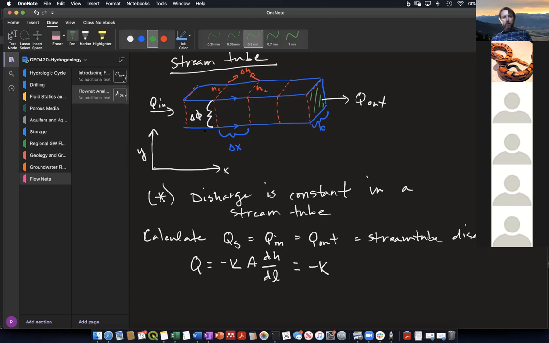Would it be B times delta phi? Yeah, perfect, Autumn, thanks. B times delta phi, that's this leg times this leg. That delta is horrible, it looks like an A.